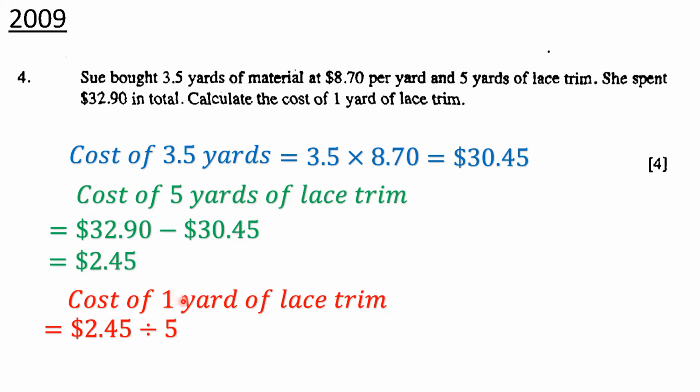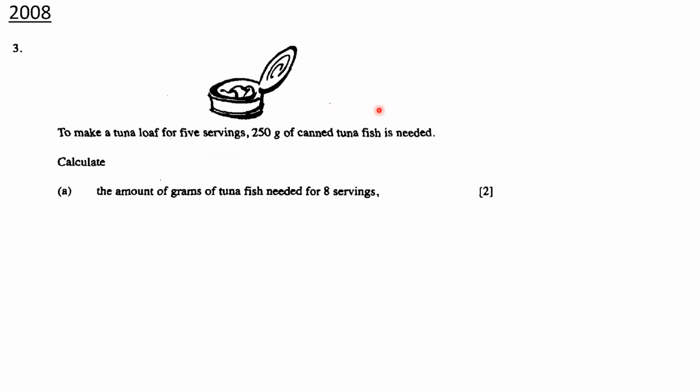So the cost of 1 yard of lace trim is $2.45 divided by 5, which is 49 cents. That's the cost for 1 yard. That's what they want, the cost for 1 yard of lace trim.